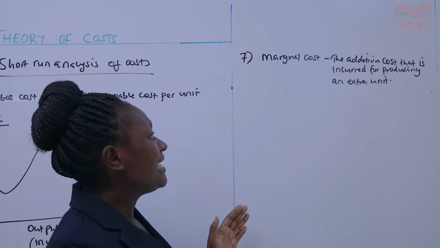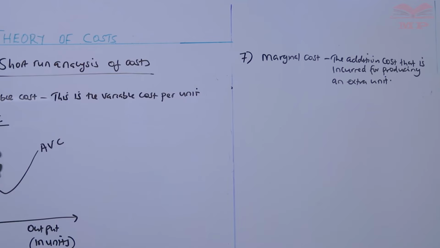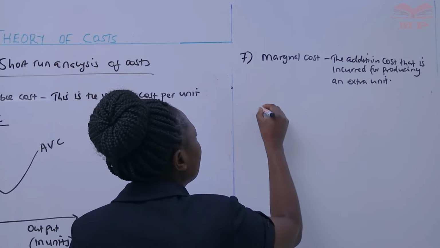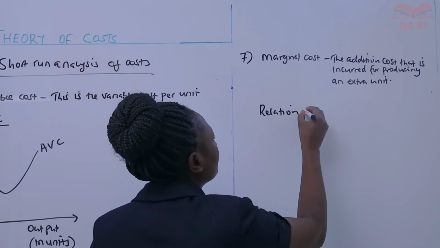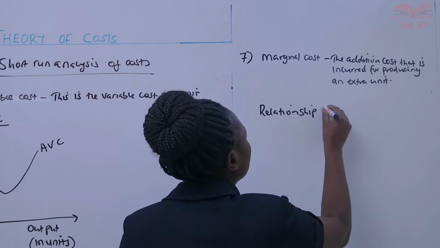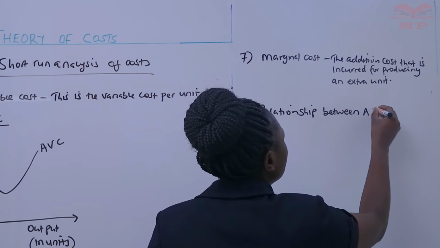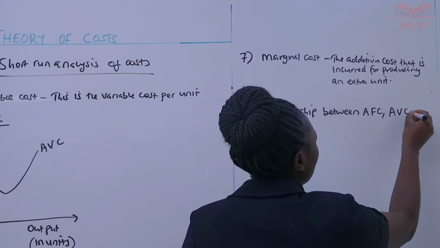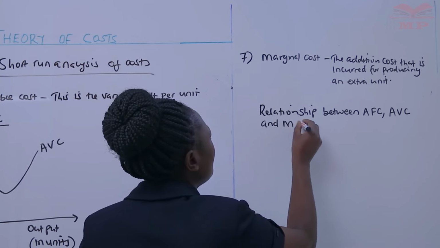We can now illustrate the relationship that exists between average fixed cost, average variable cost, and marginal cost.